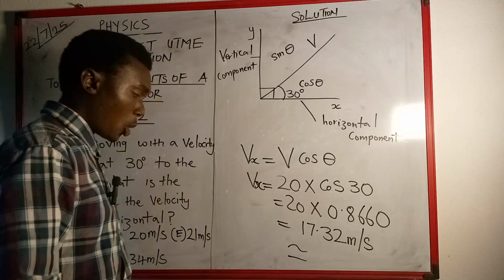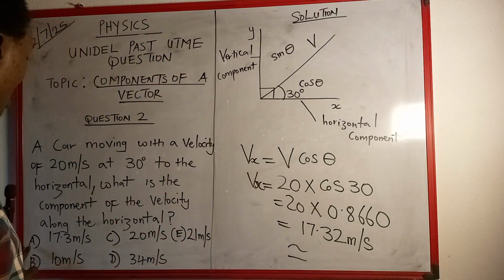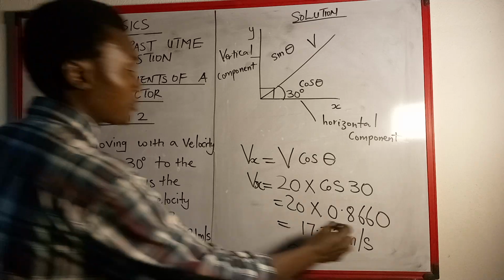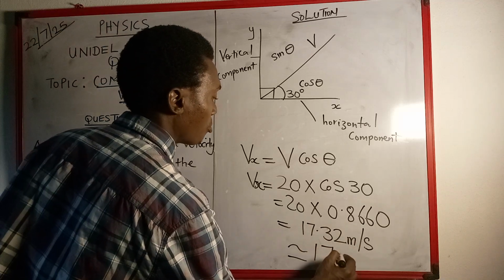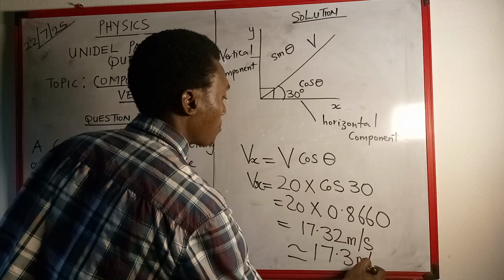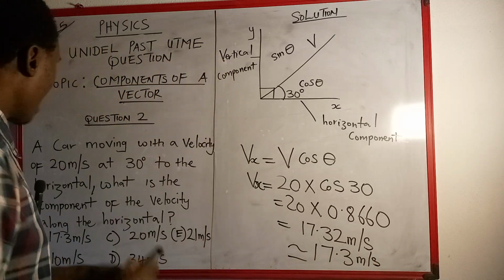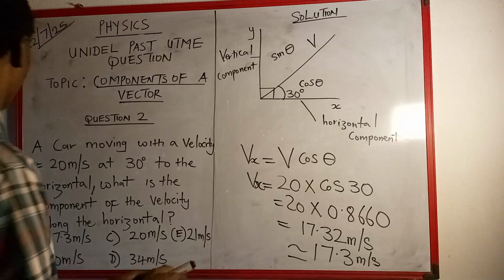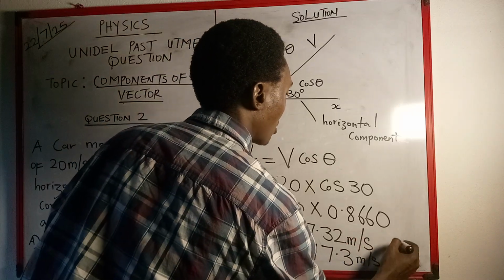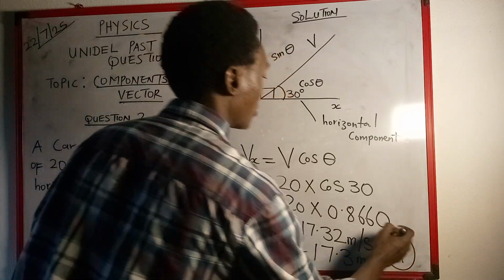Approximately, you go to your options that were given: A is 17.3, so we can approximate to 17.3 meters per second. You take your answer as option A. So our final answer is option A.